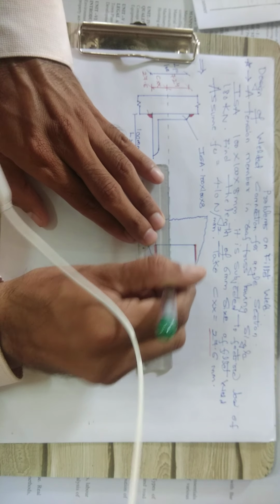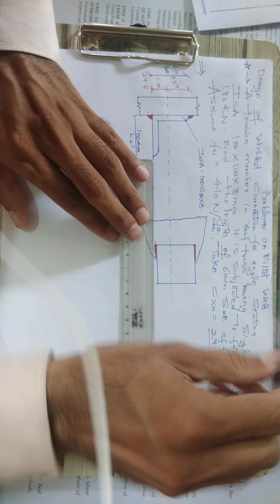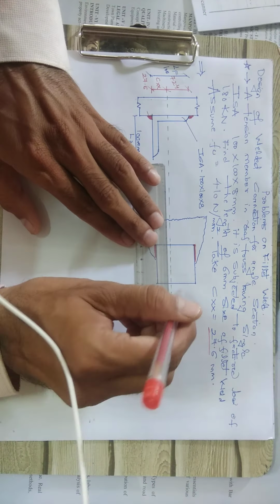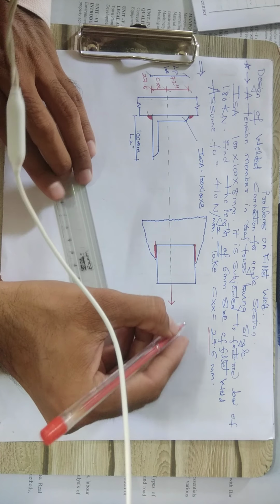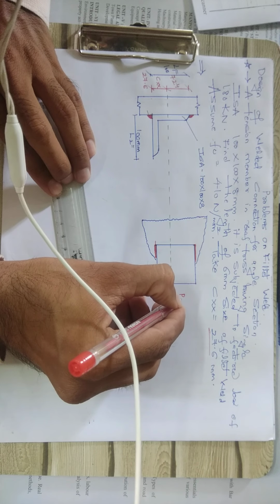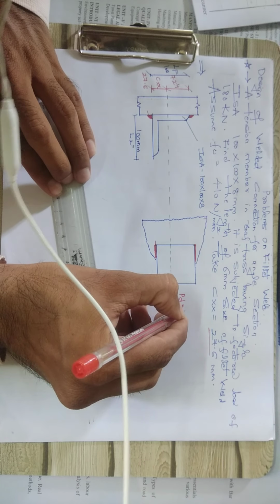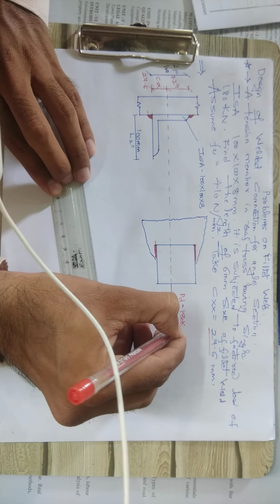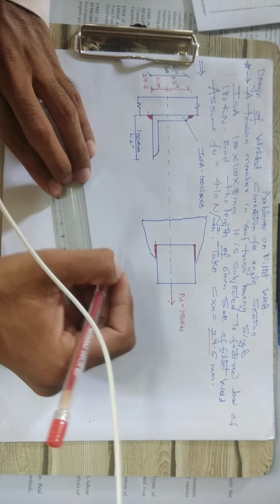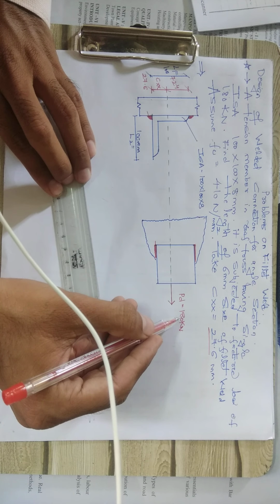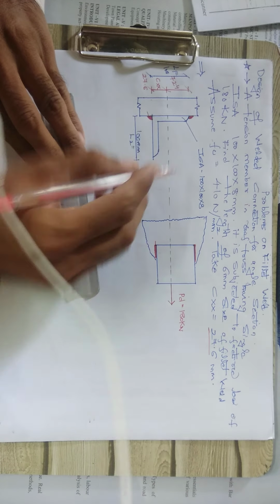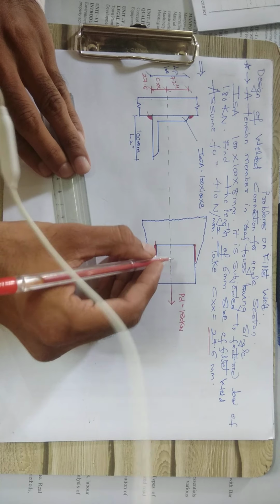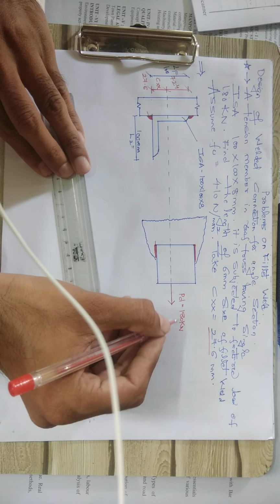The load taken by this angle section is given as PD, the design load, PD equal to 180 kilonewton, as mentioned in the question. We have drawn the front plan and the section line. The PD is acting as 180 kilonewtons.